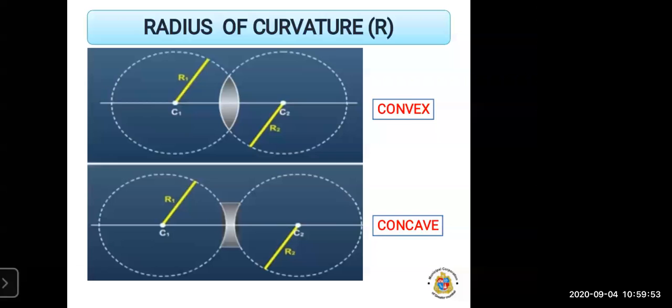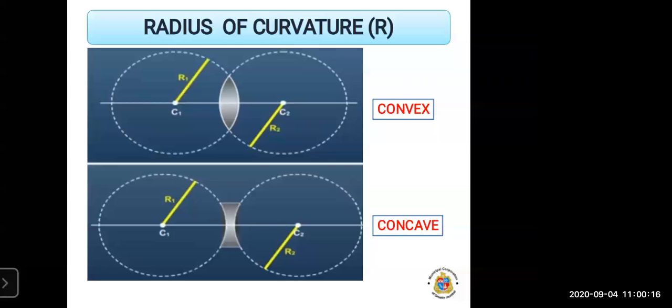Like that only, as I told, the surface of the lens is nothing but the part of the sphere. So R1 and R2 are both radii. Radii means if there are many, radius becomes radii.